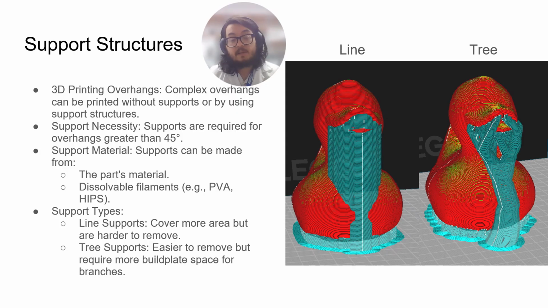The support placement is also a very important thing to configure. Typically, you can select for it to only create supports where they directly touch the build plate, meaning you're not going to have part-to-part support. You can look at the rubber ducky for this. You can see that some of the support is actually hanging on the rubber duck itself.